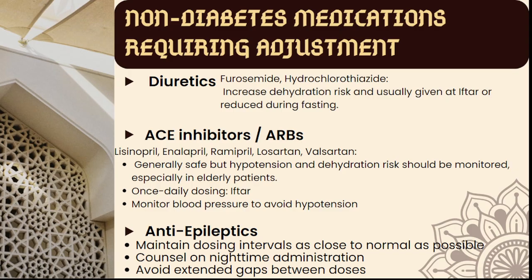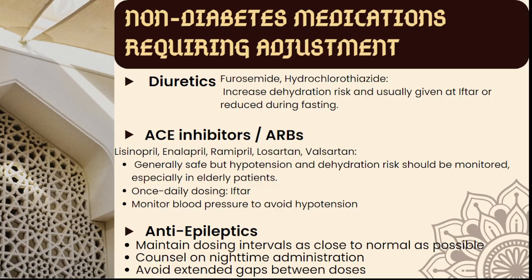The ACE inhibitors or ARBs like lisinopril, enalapril, ramipril, losartan, valsartan. These medications can also worsen the renal function, and can cause hypotension and dehydration. So they should be monitored, especially in elderly patients. How to monitor? As we said, weekly monitoring of the renal function. Tell the patient to monitor his urine output.